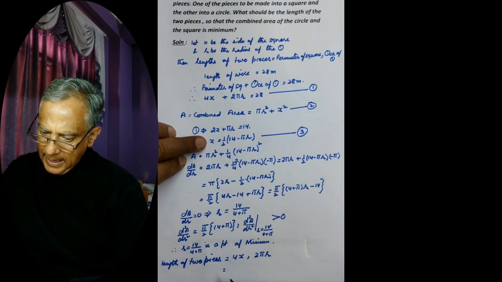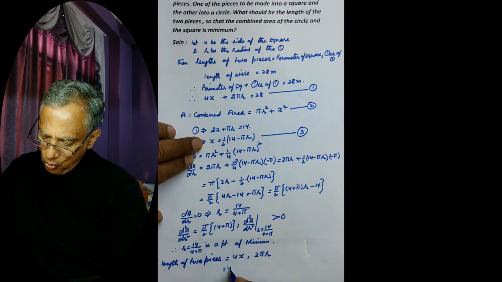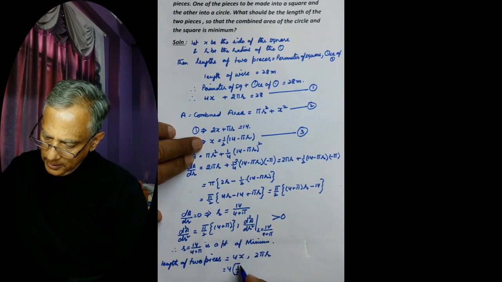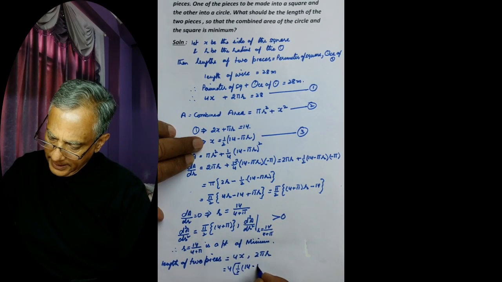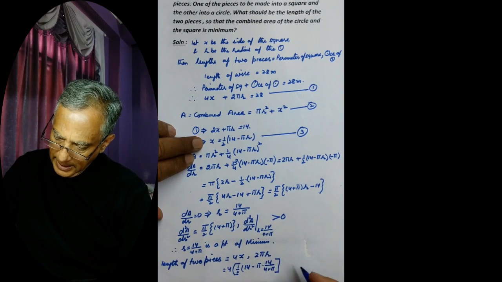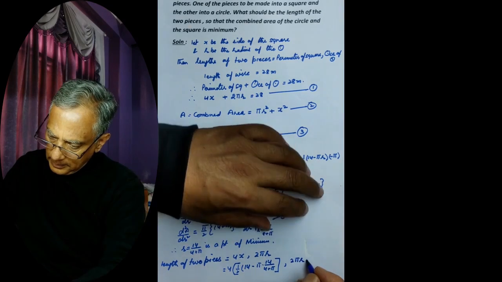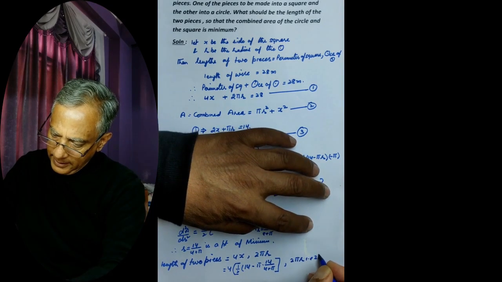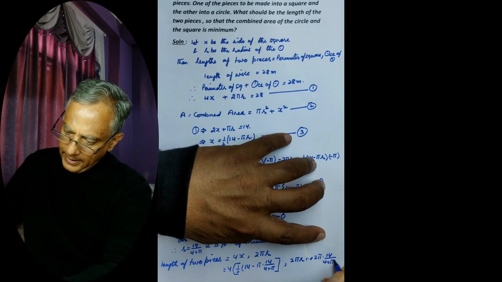Now 3 implies x is equal to 1 by 2 of 14 minus pi r. Therefore, the perimeter will be 4 into 1 by 2 into 14 minus pi r, where r is 14 over 4 plus pi, and 2 pi r, that is 2 pi into r, where r is 14 over 4 plus pi.